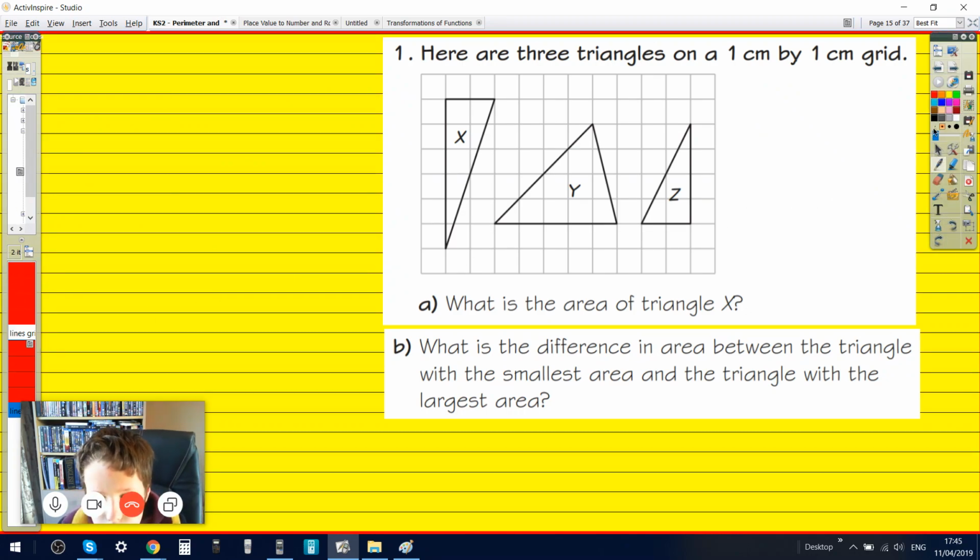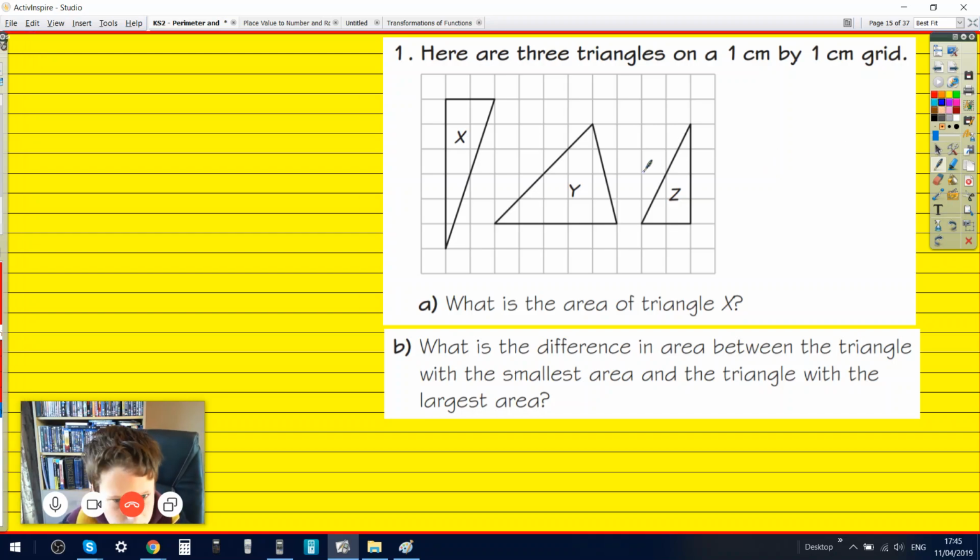So here are 3 triangles on a 1 centimeter by 1 centimeter grid. What is the area of triangle X? What is the difference in area between the triangle with the smallest area and the triangle with the largest area?